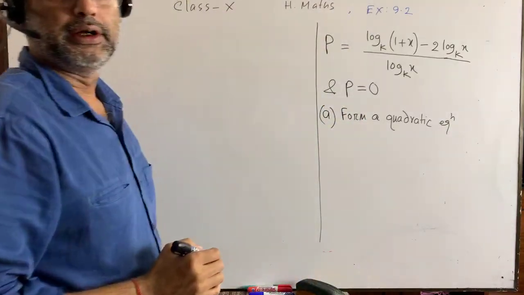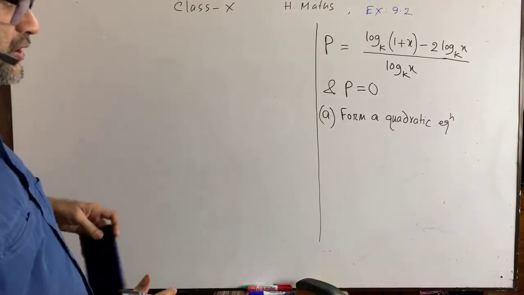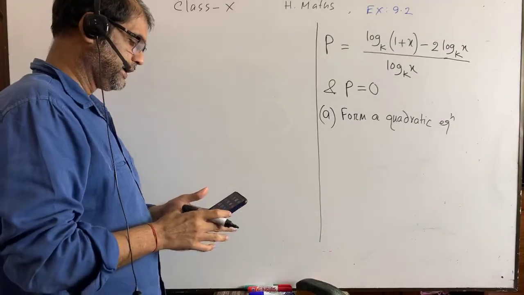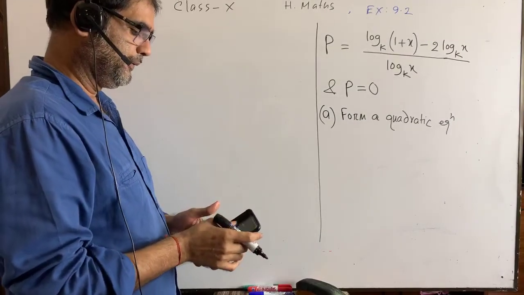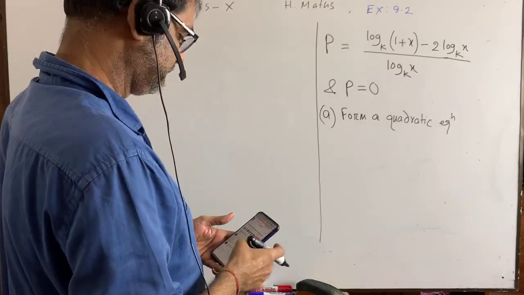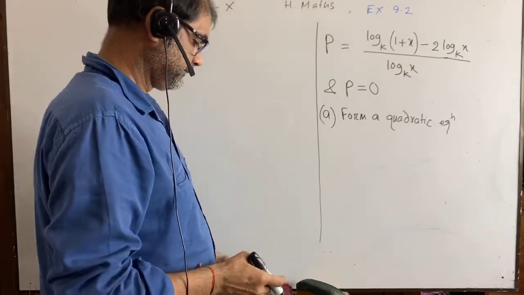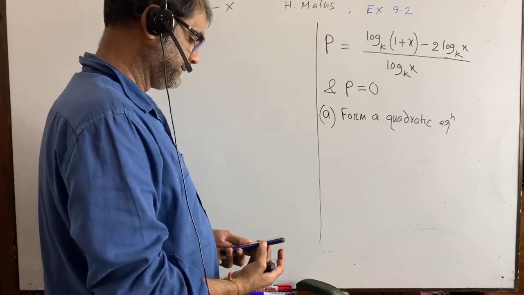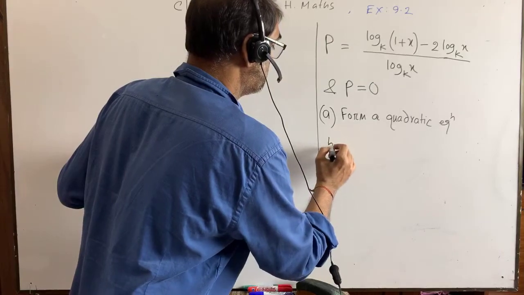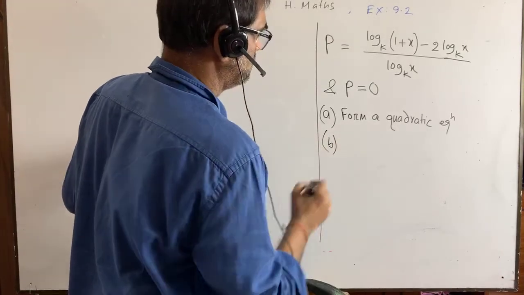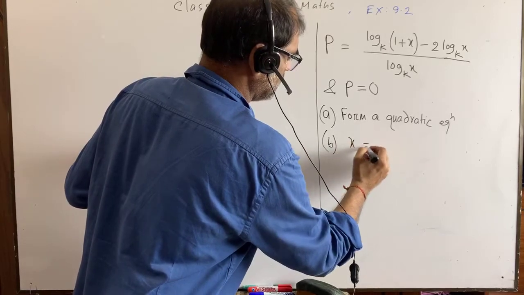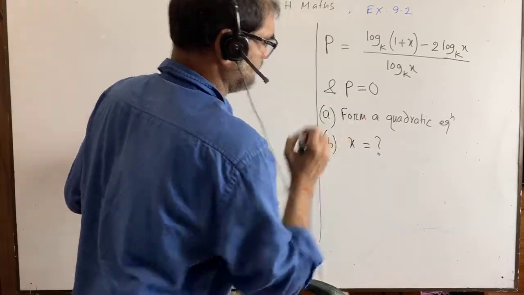Okay, you have to form a quadratic equation from the given information. Question number B. Solve. That means x equals to what? What is the value of x? X equals to what?